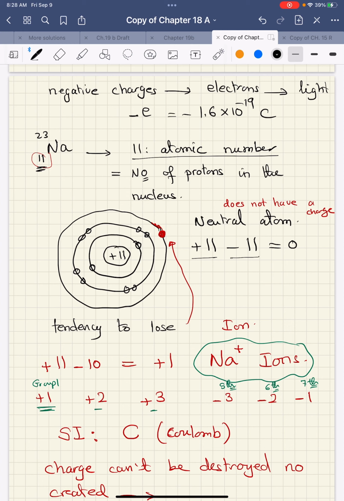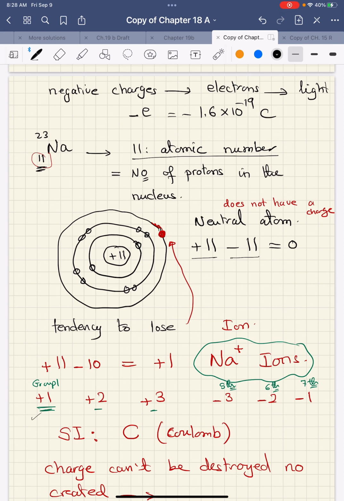This is a general rule for group 1 in the periodic table: they have the tendency to lose 1 electron. Therefore, they form positive ions, and they are plus 1. For the second group, it is plus 2.